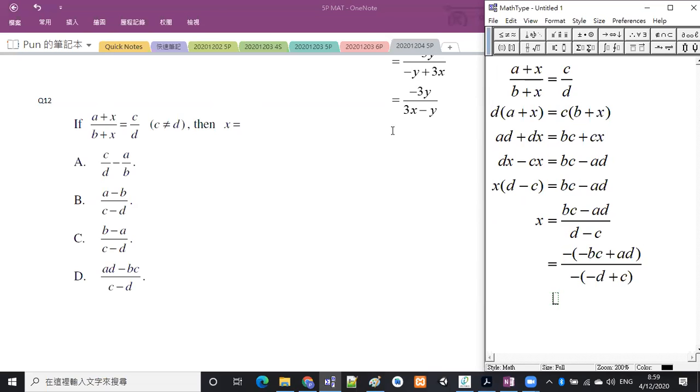Okay? And the negative signs from top and from the bottom will be cancelled by each other. So what is remaining on top is negative BC plus AD. And then on the bottom will be negative D plus C. Okay, and then we just write the positive terms in the front, the minus term at the back.